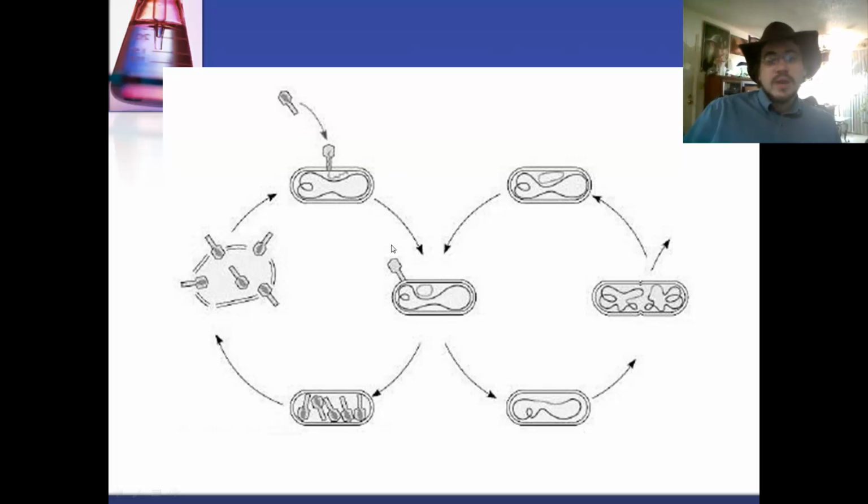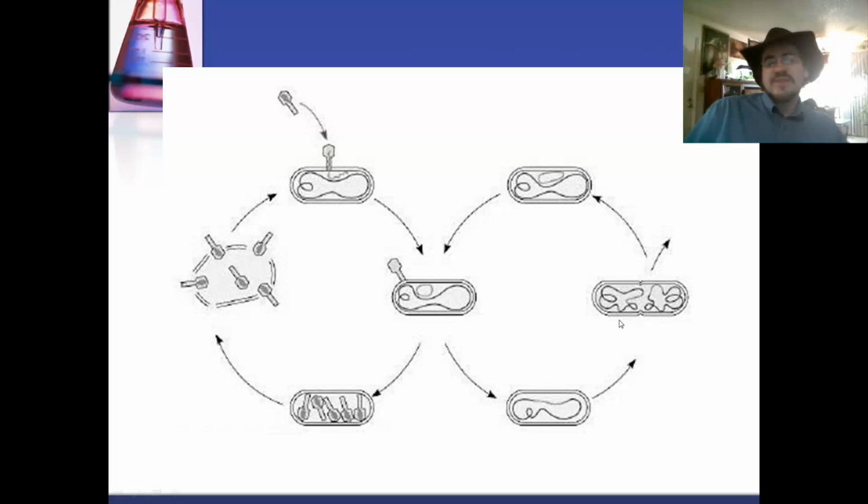Or, when it attaches and injects its DNA, it might just integrate its DNA into the host genome and then have binary fission producing doubles, and it just continues over and over again, except that every once in a while, that host genome may pop out and start a lytic stage. So it's pretty useful.